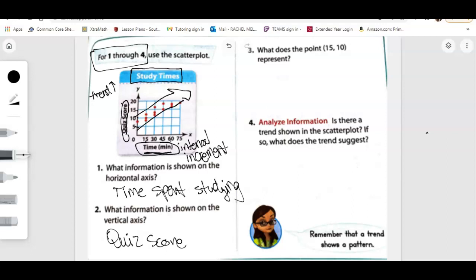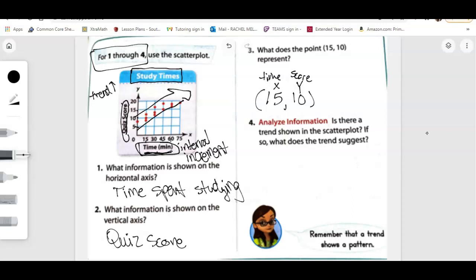Number 3, what does the point (15, 10) represent? Now, if it helps you, do it this way. This is what always helps me with a question like that. So remember, (15, 10) is my ordered pair, right? Well, remember, it's always X and then Y, correct? So that means that 15 is on the X, which is the time, and 10 is on the Y, which is the score.